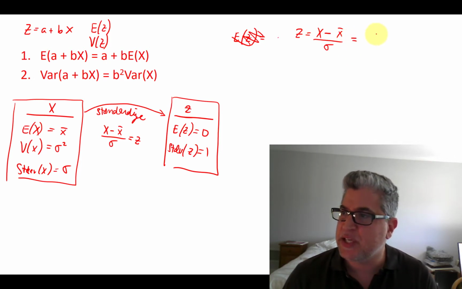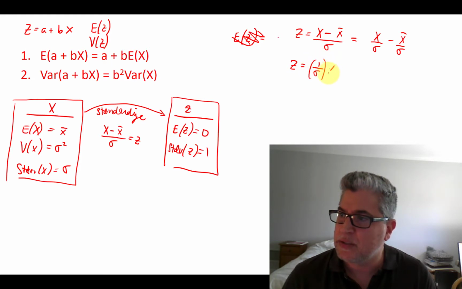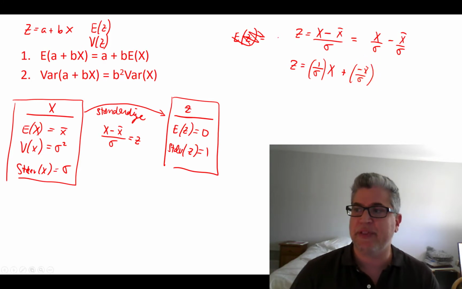We can just as easily express that as x over sigma minus x bar over sigma. Or to be really pedantic about it, we could do 1 over sigma times x plus this negative thing, negative x bar over sigma.